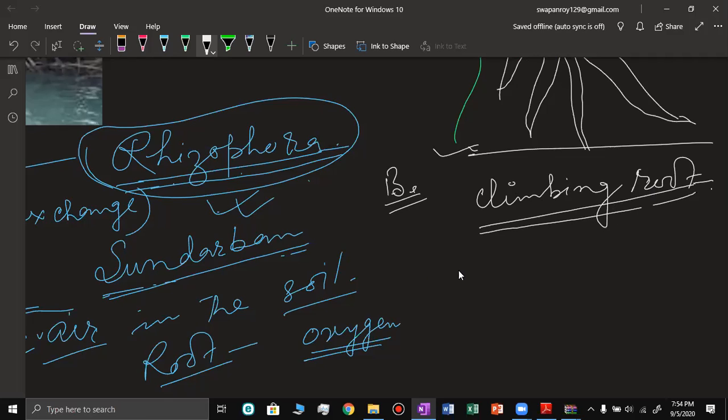But there is one root that is very important, we call nodulated root. Of course it is not mentioned in your book, but in other places you will find the reference of this one.